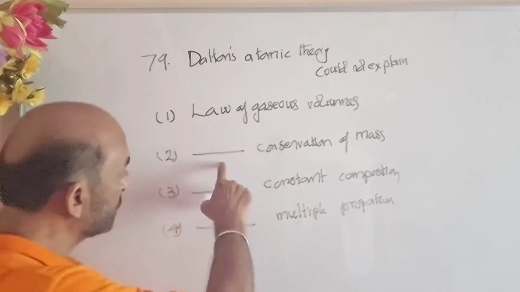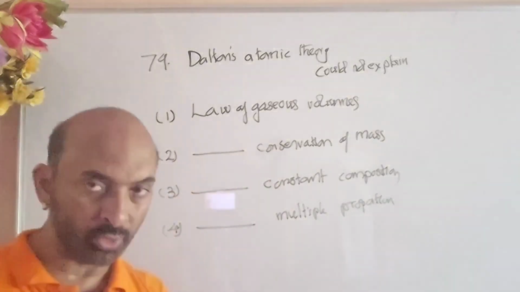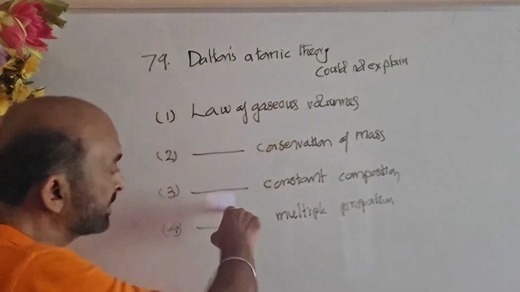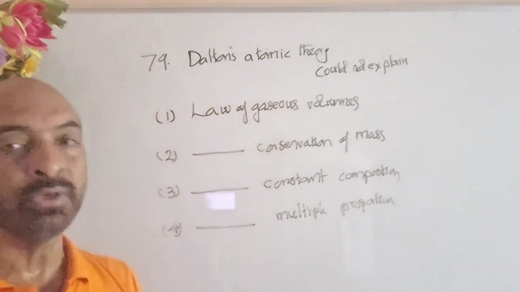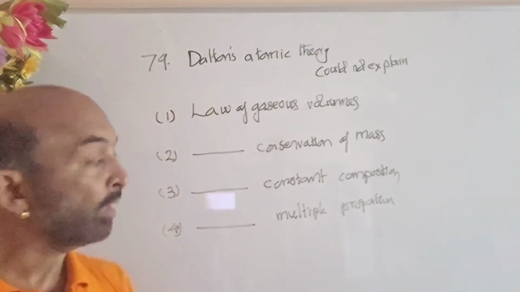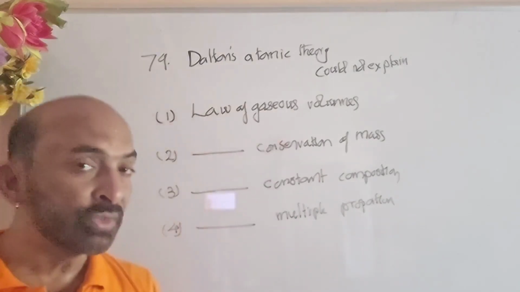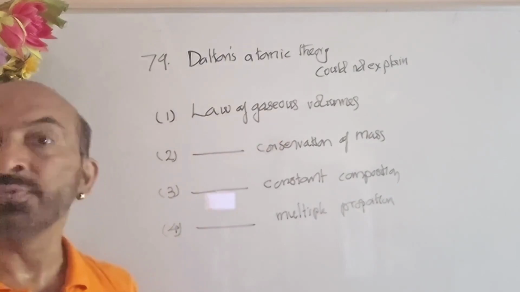These three laws, 2, 3 and 4, can be explained based on Dalton's atomic theory, because Dalton's atomic theory as well as these three laws are based on the masses of reactants and products in a reaction. Okay. Whereas law of combining volumes of gases, which is exclusively applicable to gases only, is based on volumes of the gases.